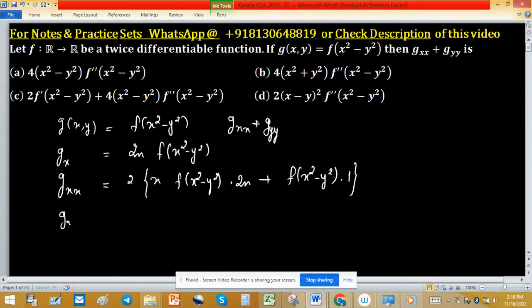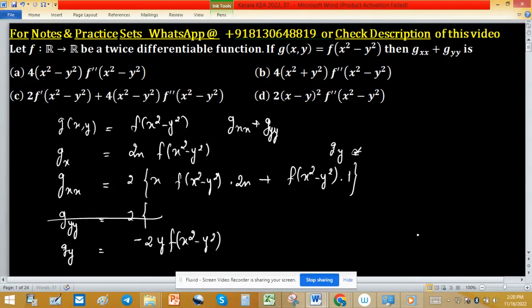Now find gy. Gy will be minus 2y f dash of x square minus y square.